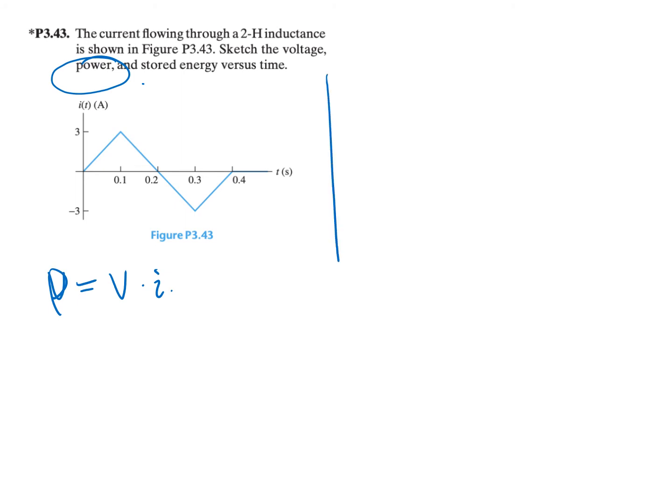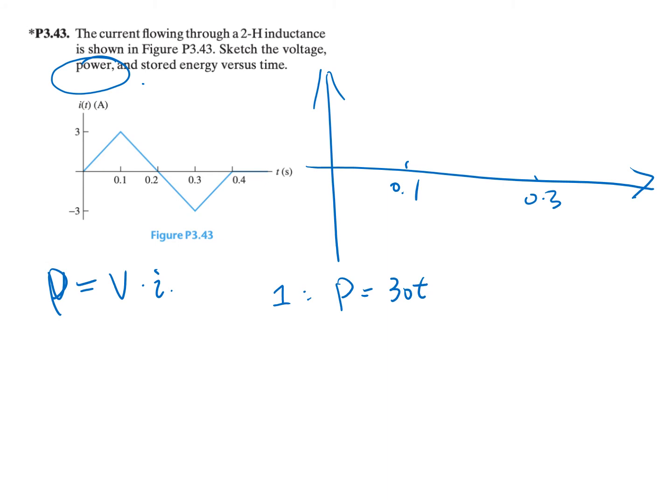So for each stage, this is 0.1 and this is 0.3. For the first stage, P is equal to 30t times 60. So the diagram looks like this.